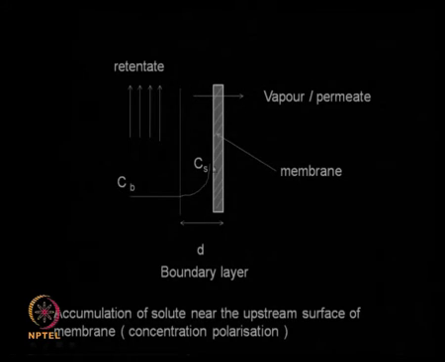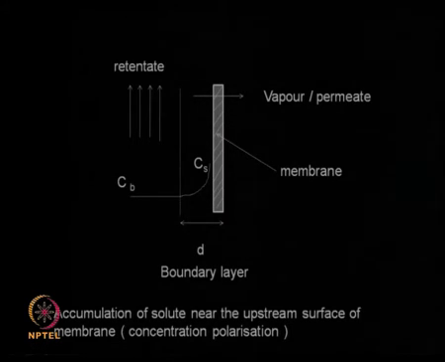This is going to prevent the movement of the species itself. Now, this accumulation of the solute near the upstream surface is called the concentration polarization, and that depends also on several parameters like the properties of the solute, the viscosity of the solvent, the boundary layer that is formed, and so on.